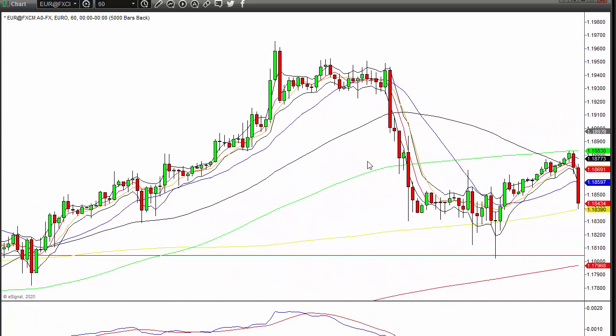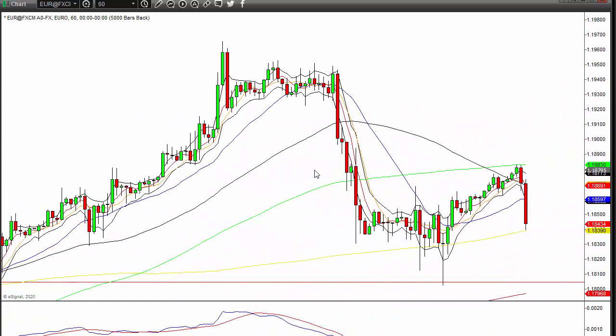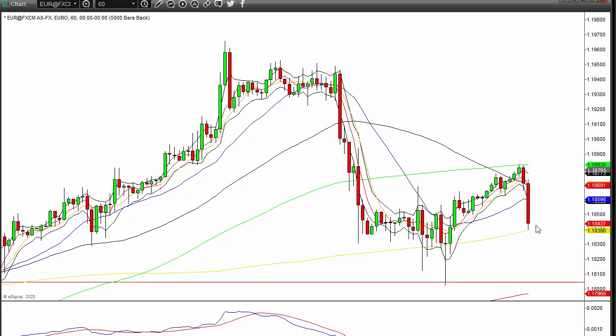So you can see how these lines come into play. So we'll see if it can roll over today.